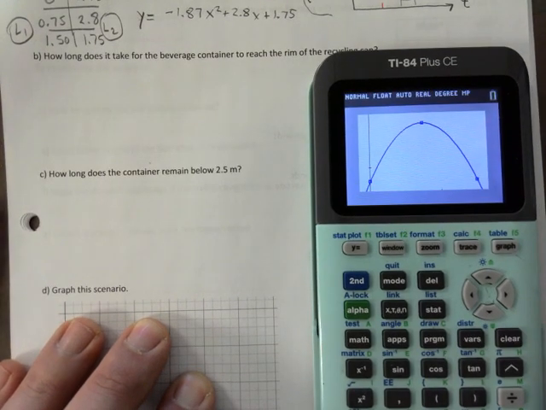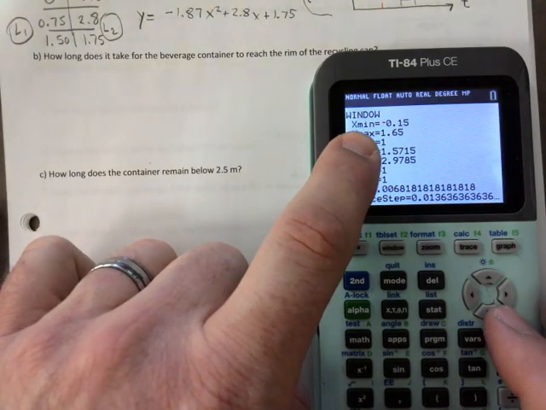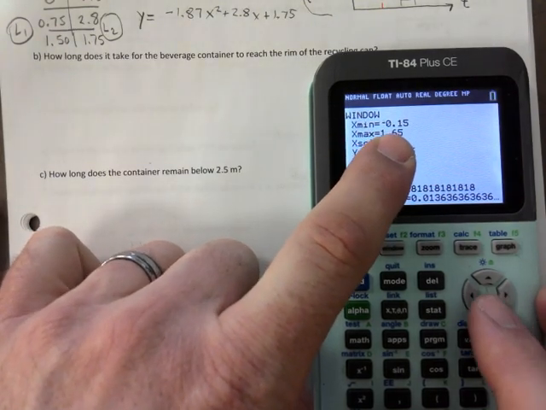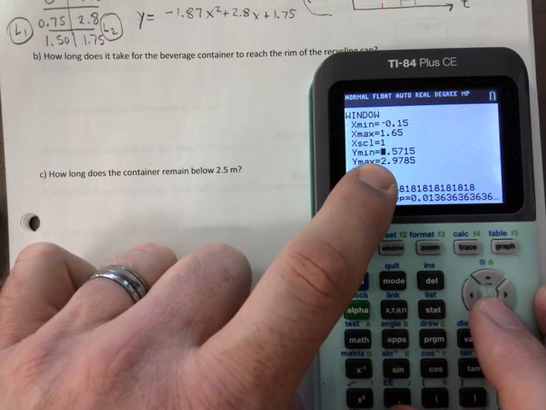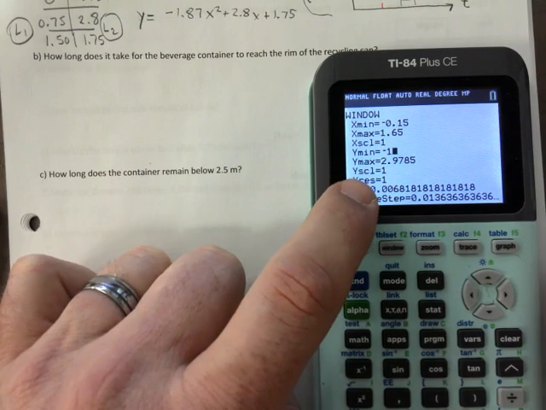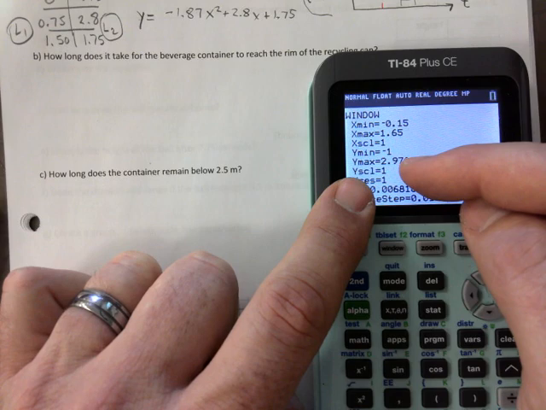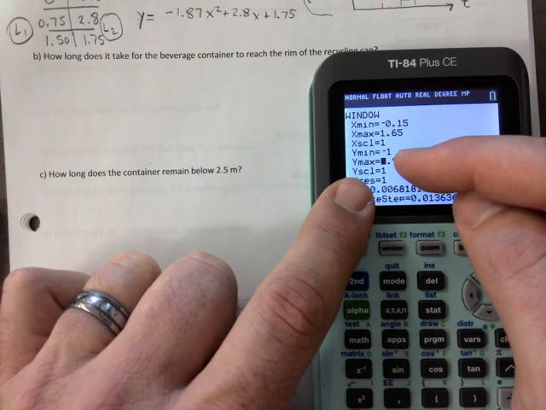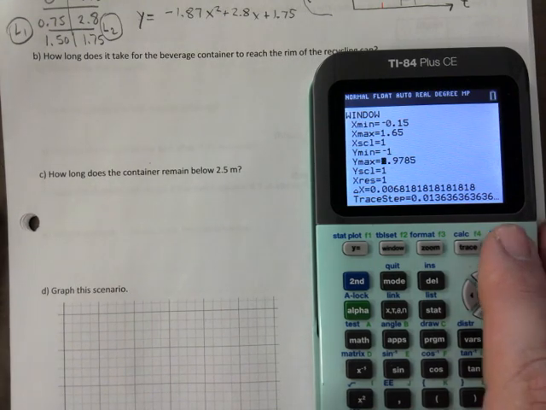However, it doesn't solve everything. So you got to go window, change your x-min to negative. It is already negative, so I can just leave it like that. And my y-min, also change it to a negative number. Maybe -1 will do in this case, because your y max isn't that big, so don't go too far down or else it'll be focusing too much on the other quadrants. Let's see if that works. I'm going to hit graph.